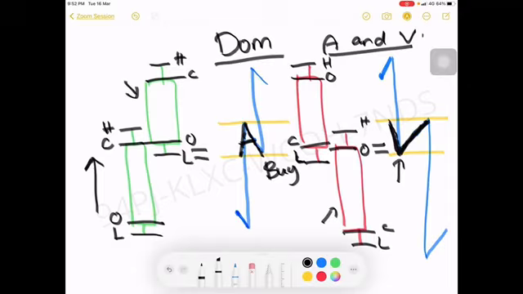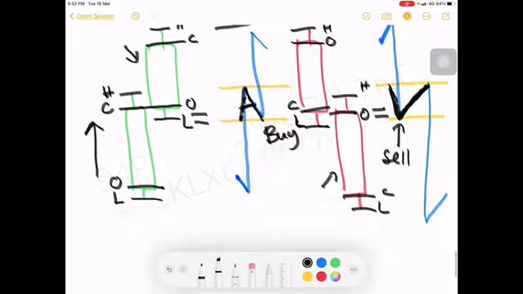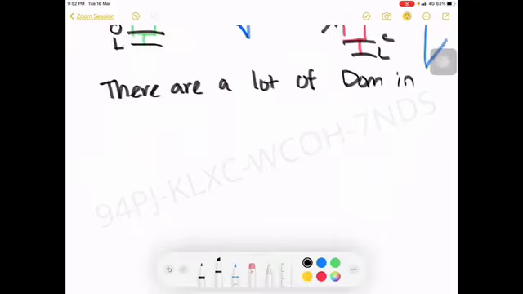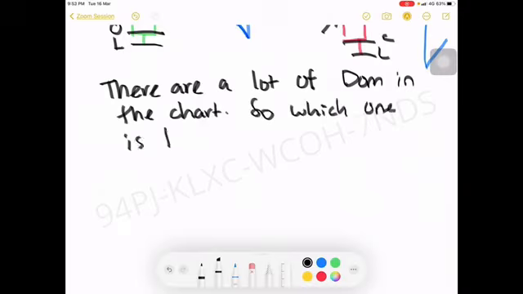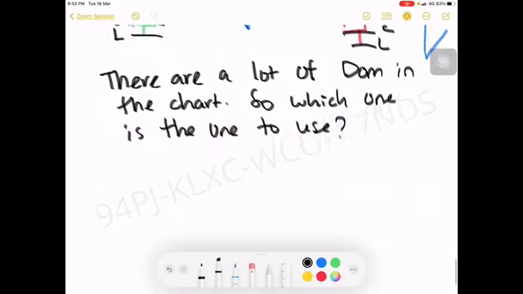This V is for sell, in the chart. So how do you know which DOM you are going to use? How do you find the DOM?